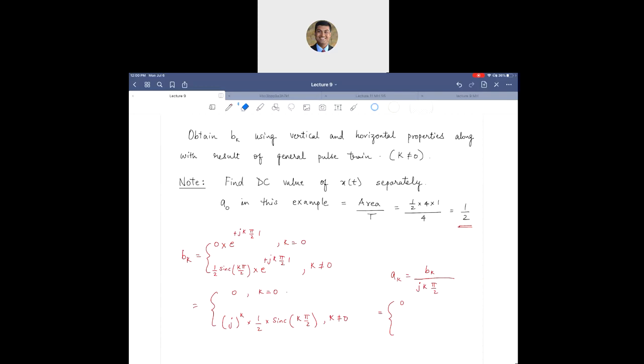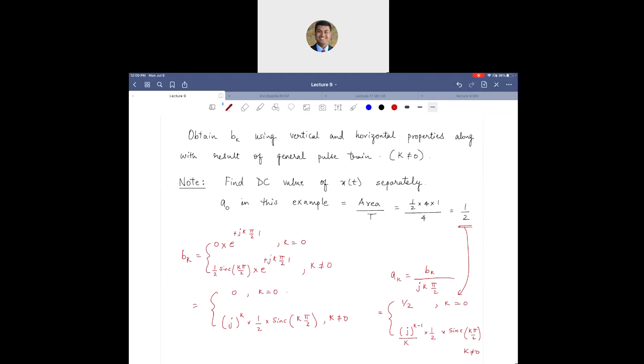But for 0, I need to bring in half here, because that's what I found here. But for other than 0, I'm going to have j raised to k, but I also have a j in the denominator, so I'm going to have j raised to k minus 1. I have half. I have sinc k pi over 2. I also have a divide by k. All that is going to be for k not equal to 0.